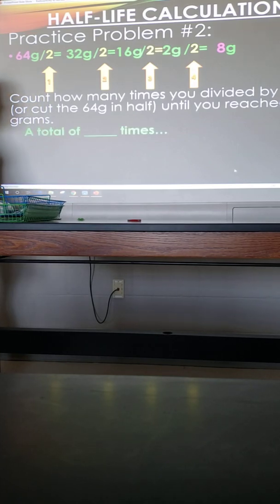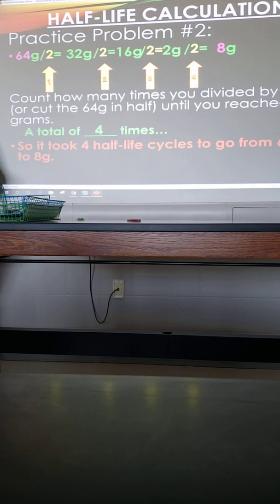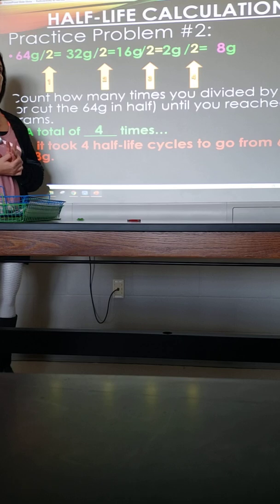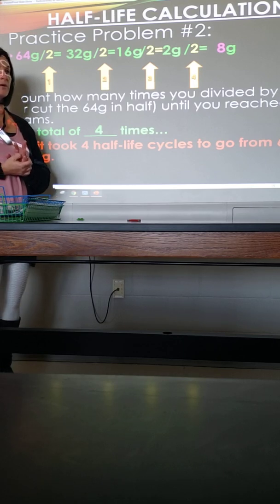So we did this a total of 3 times. I will fix it for the next class, but you guys are my unfortunate guinea pigs. And so it took 3 half-life cycles to go from 64 to 8. So again, 3 and 3, not 4 and 4. Everybody got the messed up version but you're the first ones that I caught it with, because you're my first class.